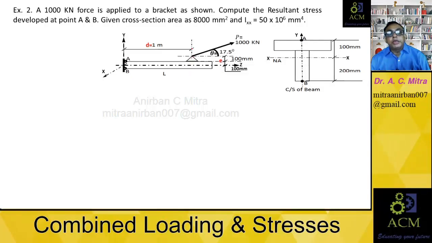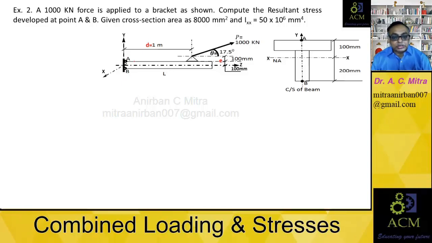Due to this P sin theta, which is the vertical force, shear stress is applied at A and B, but we know that at the top and bottom, transverse shear stress is always zero. In the neutral axis, it will be the maximum. And the vertical force is also creating some moment which will create bending moment at A and B points.